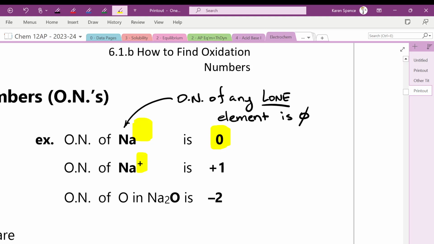And when it's a metal, you just go with its charge. So what is the charge of sodium? It is +1. And so the oxidation number is +1. What is the charge of O in Na2O?